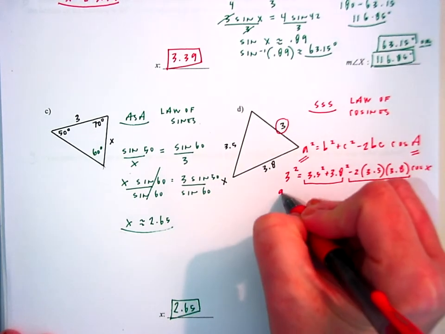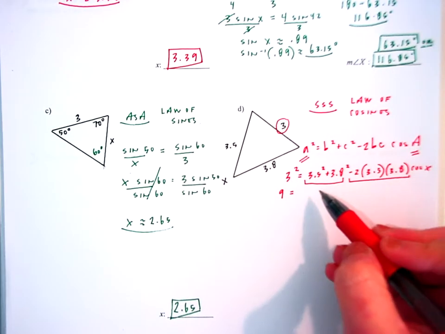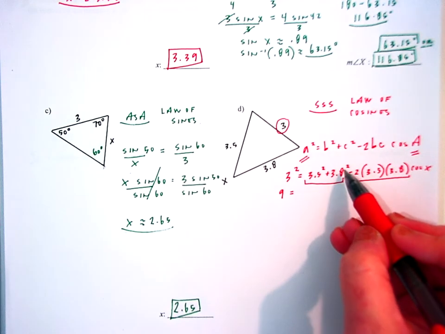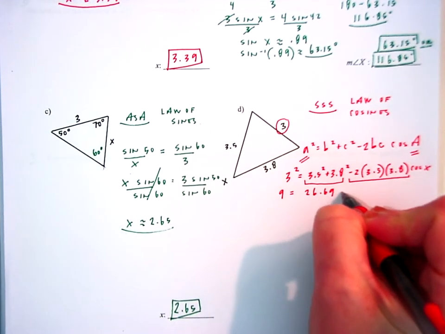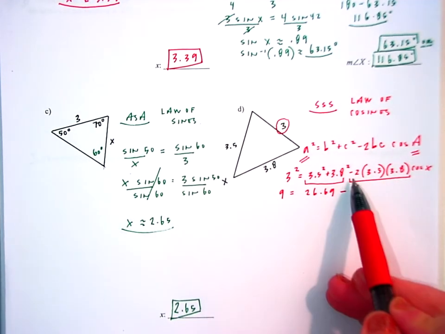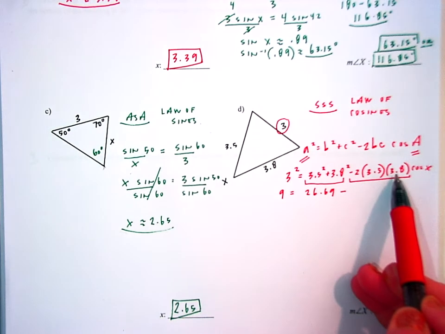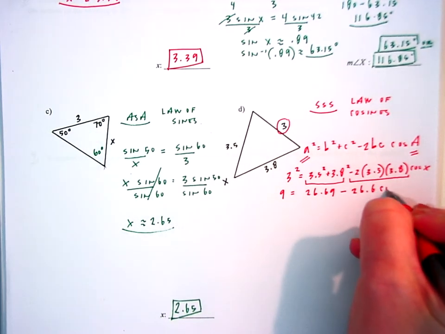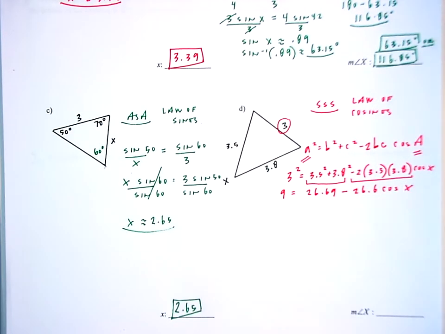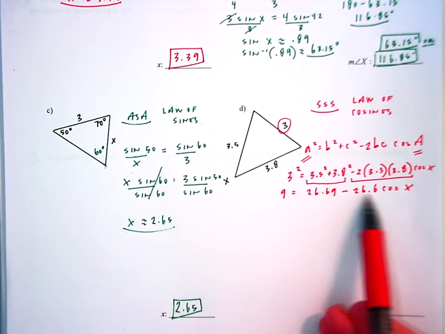So right now I have 9 equals. Well, if I take 3.5 squared plus 3.8 squared, that's going to be 26.69. And then subtract. Here I multiplied the 2 times 3.5 times 3.8. And I get 26.6 times cosine x. Okay, a big mistake that I often see is I'll see students who try to combine here.